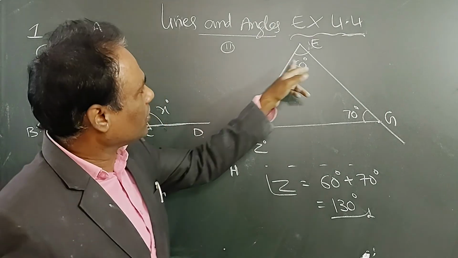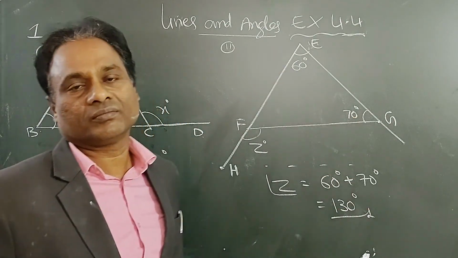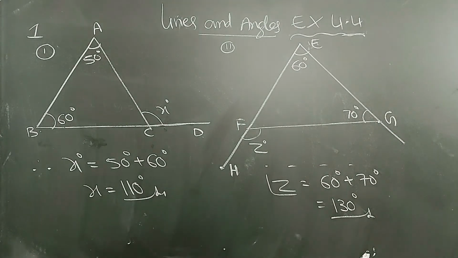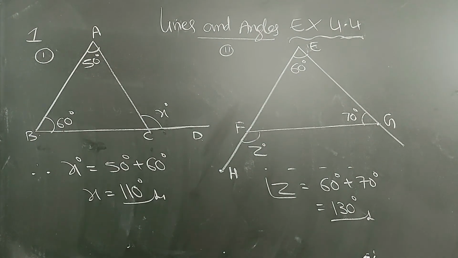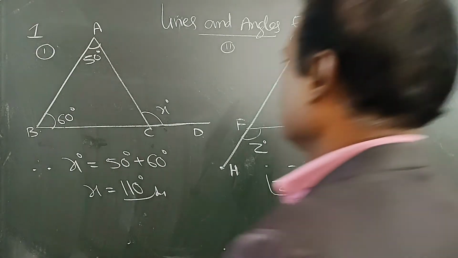Z is equal to 60 plus 70, that is 130. Next bit. Third bit also same, do it.